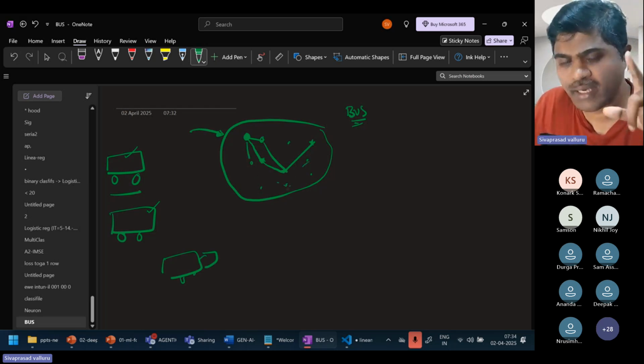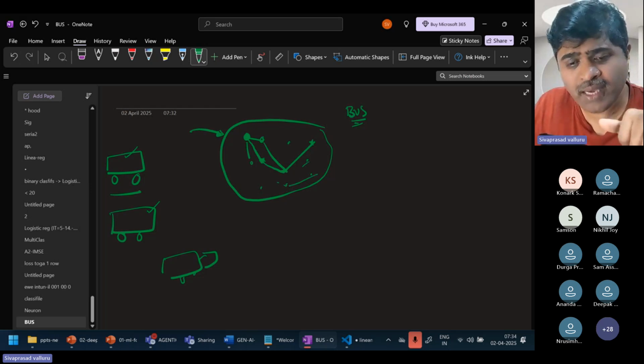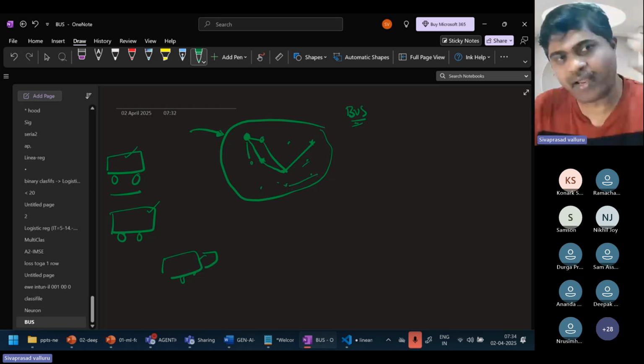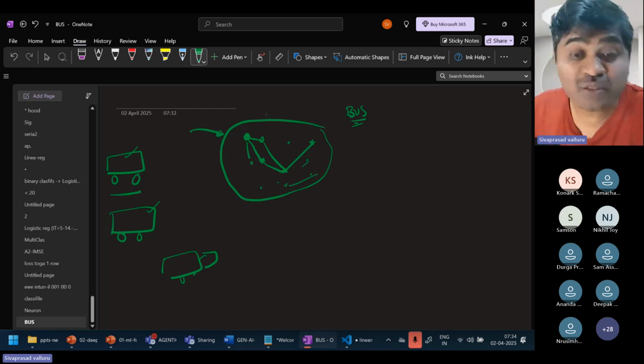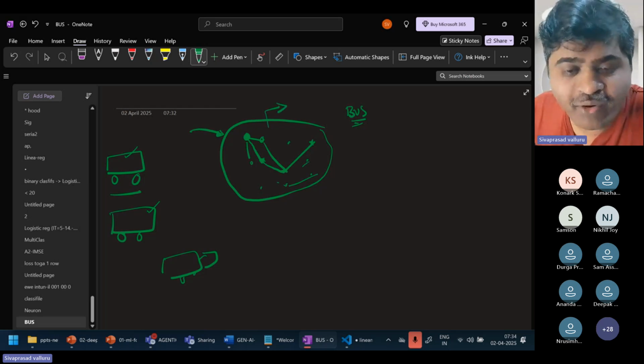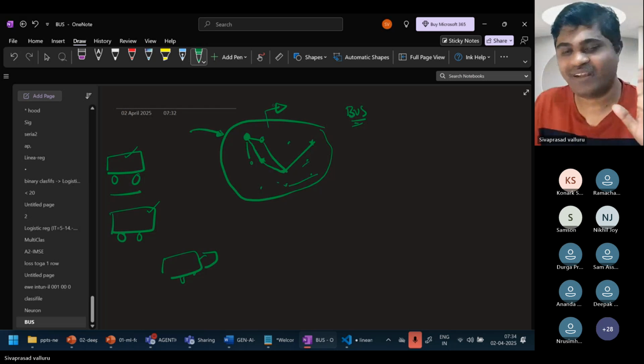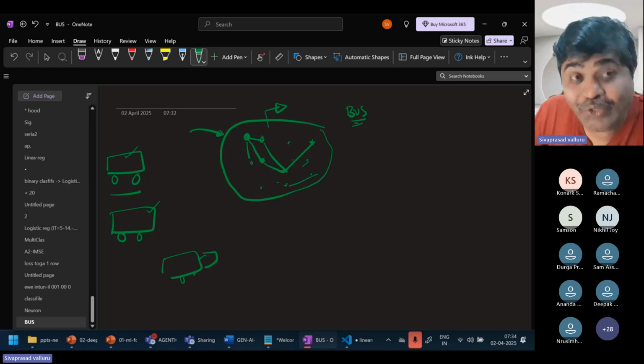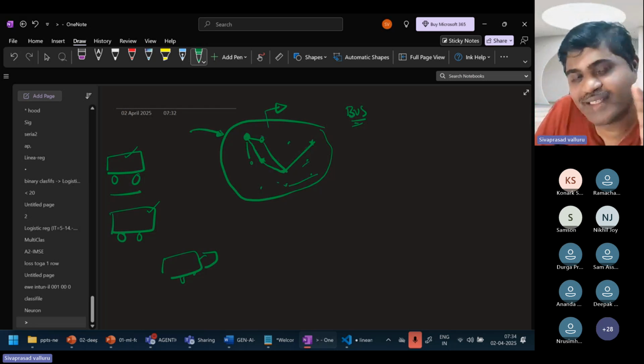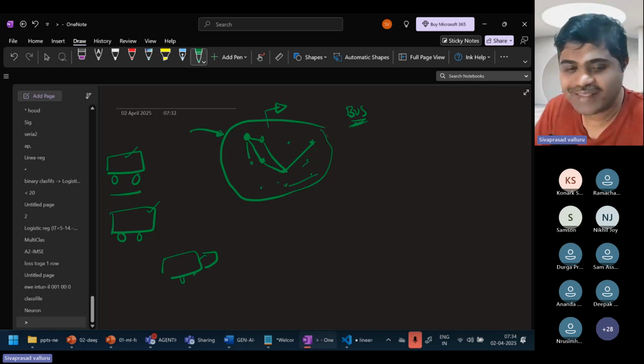If these neurons are getting connected, I have to identify this as a car. So my brain is getting trained from my childhood. Based on the neurons only, my brain will identify what is a bus, what is a car, what is a phone, etc. Our neurons get connected to take a final decision. What is the output, whether it is a bus or a car or whatever?